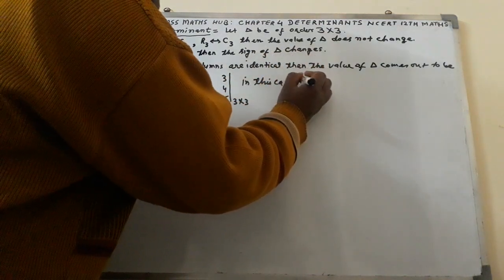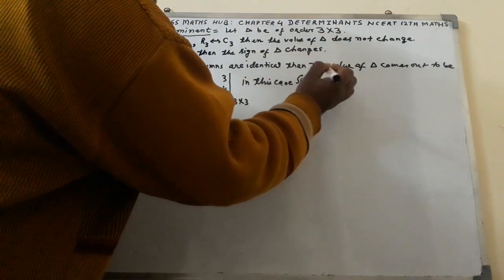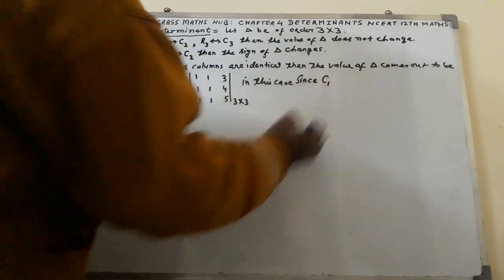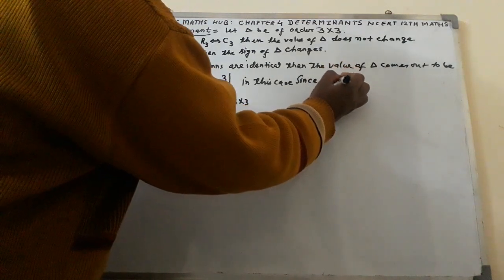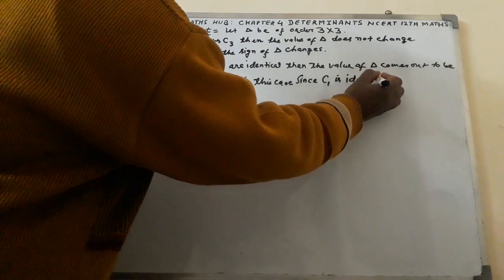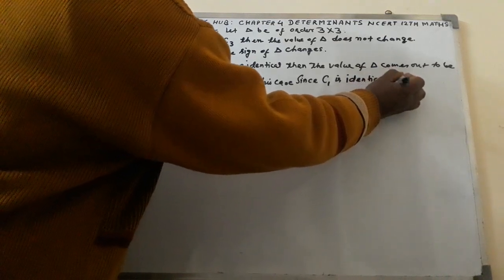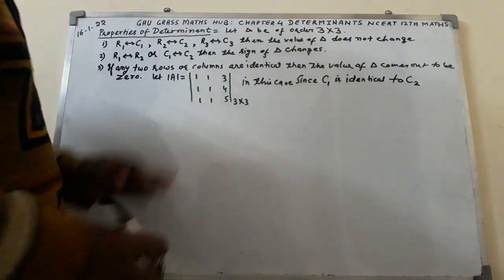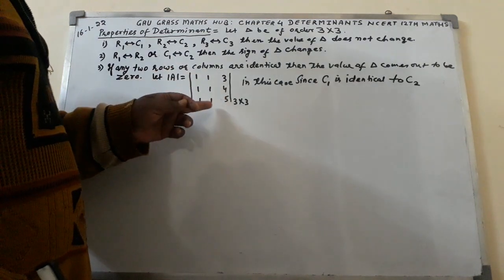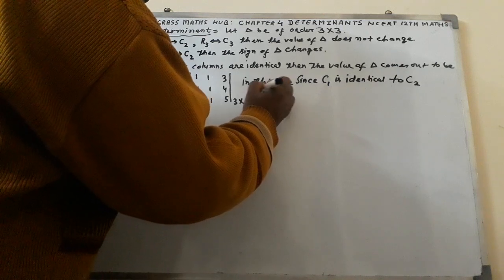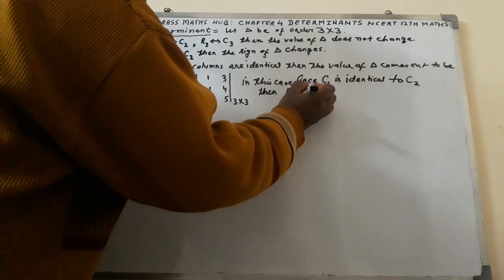Since the first column C1 is identical to the second column C2, the value of the determinant comes out to be 0.